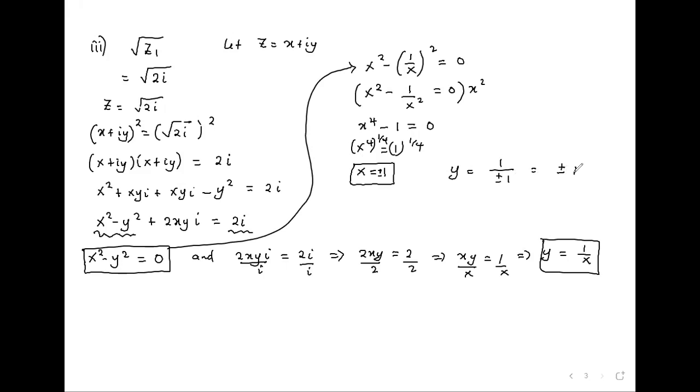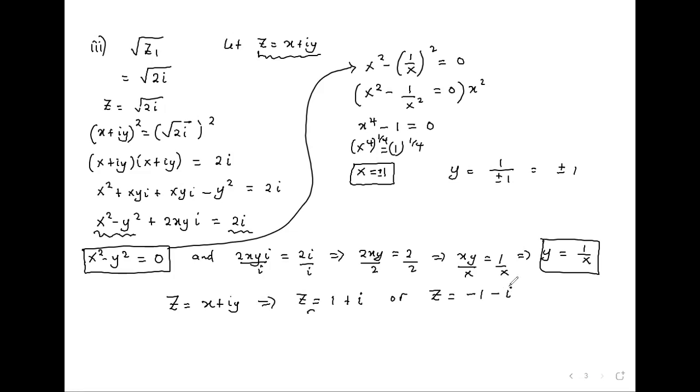So remember, z is x plus iy. So we are saying z is equal to x plus iy, implying that we have z is equal to, when x is 1, y will also be 1. So we'll have 1i, which is just i, or z is equal to, when x is negative 1, y will also be negative 1, which is negative i.